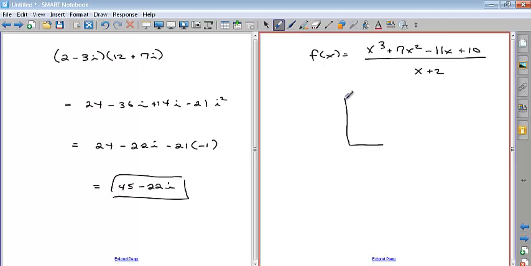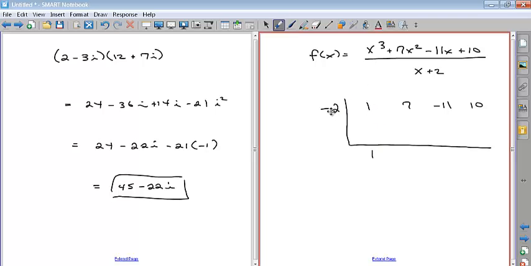So inside the bracket, you put the coefficients of the numerator, which are 1, 7, negative 11, 10. Here, you don't put plus 2. You put the 0, not the factor. So the factor is x plus 2. If you set this equal to 0 and solve for x, you get negative 2.